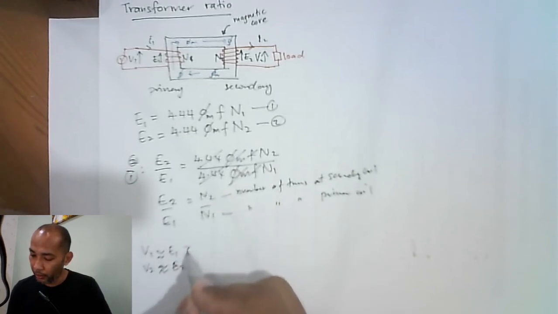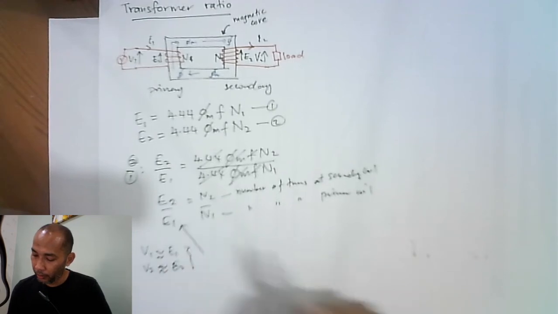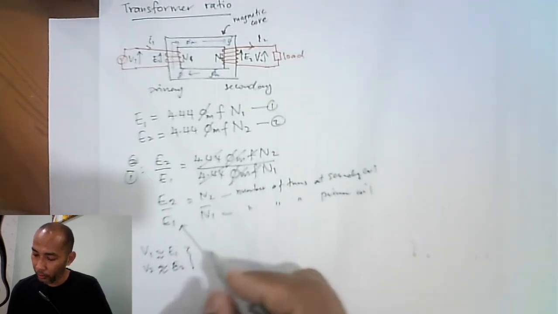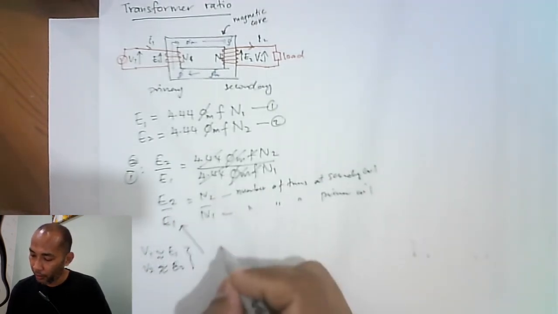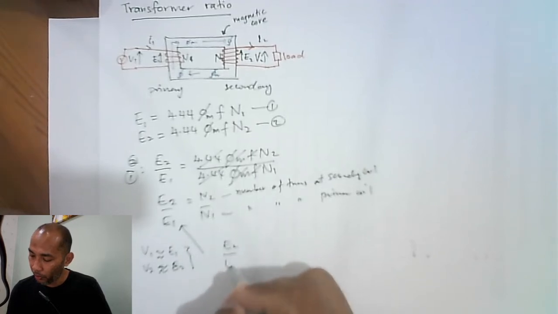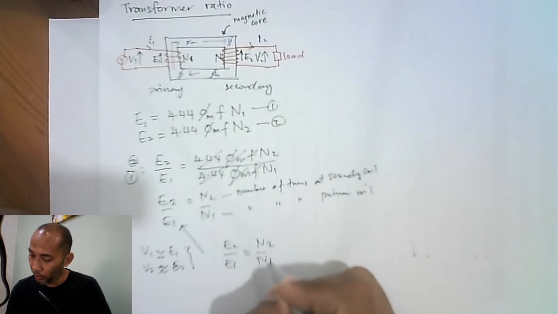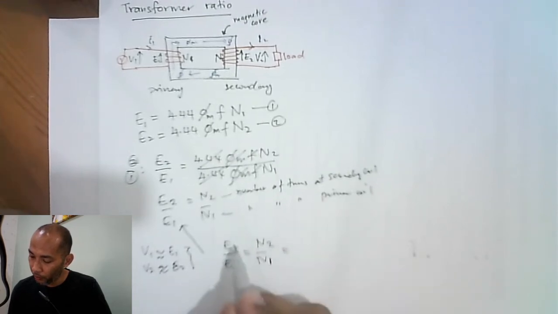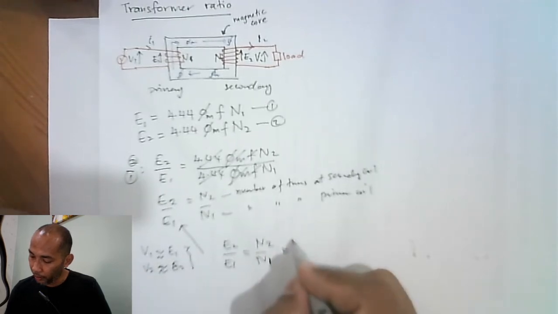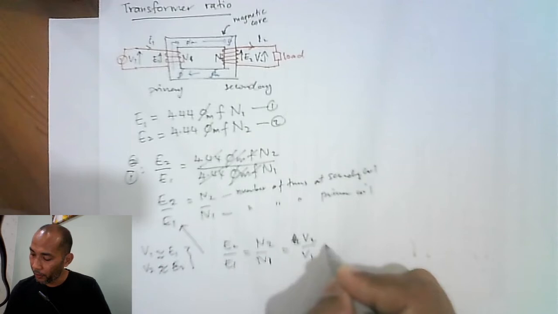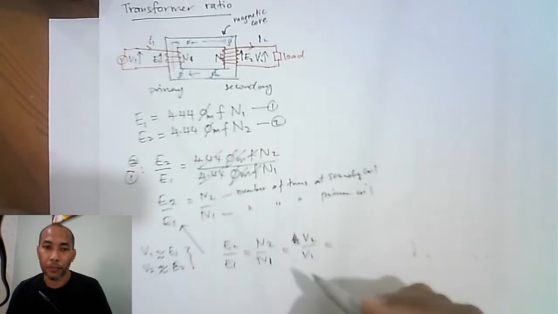Using this, we replace: E2 over E1 equals N2 over N1 equals V2 over V1. This is the ratio.